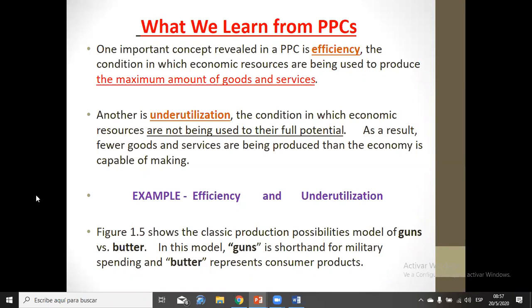So that's always the conflict when they start discussing the budget for any country. How much money you have to invest in your military, or how much money you have to invest in your factors of production.